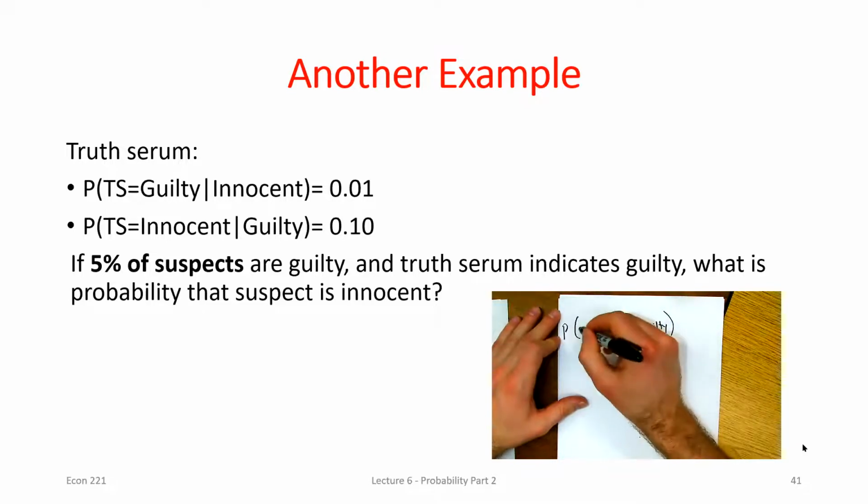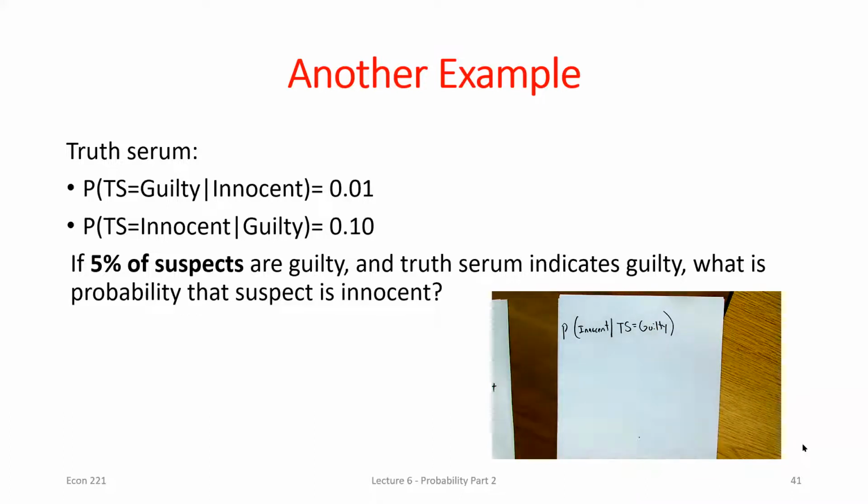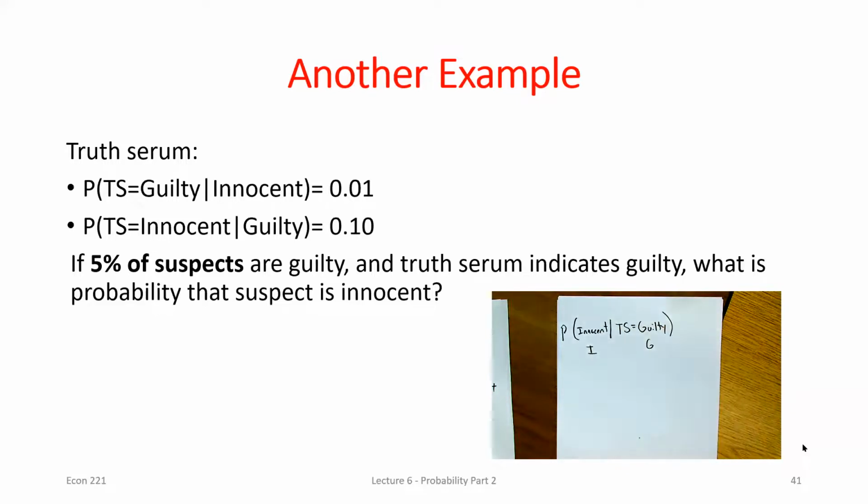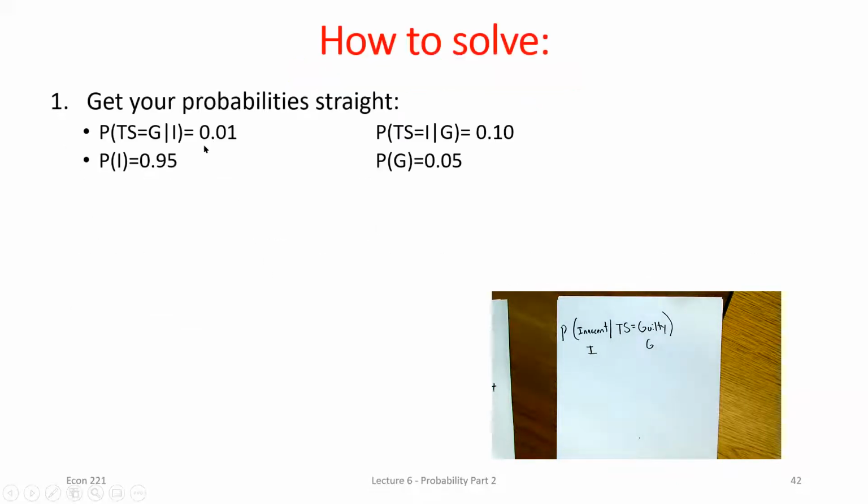What's the probability they're actually innocent, right? And you could shorthand this and use like I and G here if we wanted to make it a little bit easier, but that's what we're looking for, right? So what was given to us in the problem, we already talked about the probability they're innocent and the probability they're guilty, and then those 2 conditional probabilities, which were easier to identify, they were directly given to us, not in words, right?